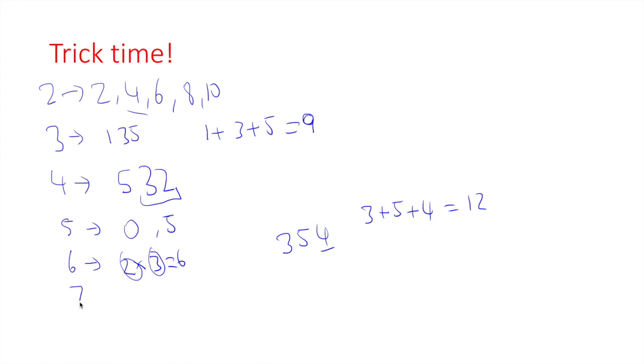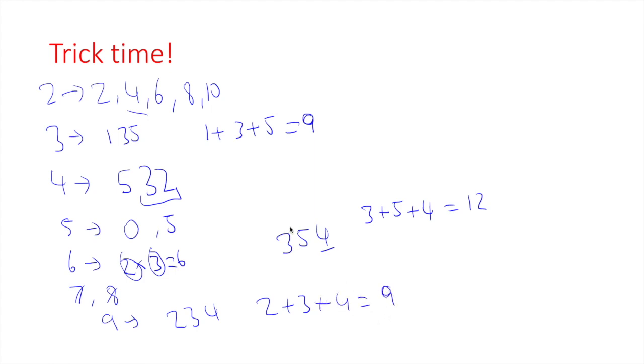Unfortunately, I don't have a trick for you for 7 or 8. But I do have a trick for 9. 9 is actually very similar to the trick for 3, in the sense that you have to add up the digits again. So if I had the number 234, we're going to do 2 plus 3 plus 4, and that equals 9.